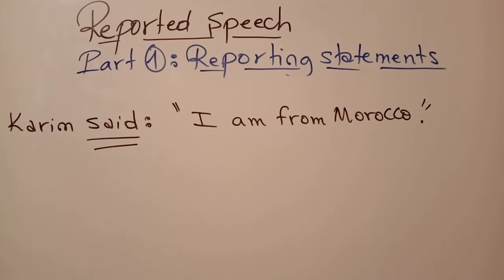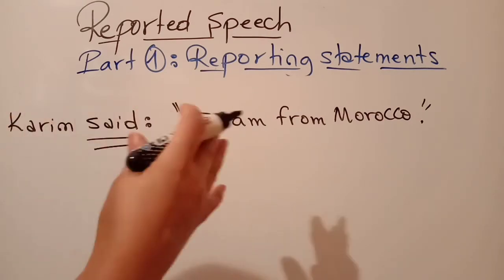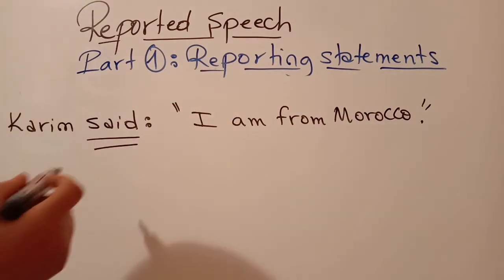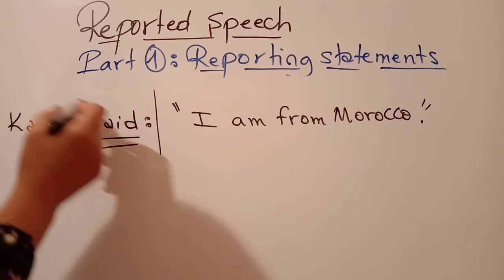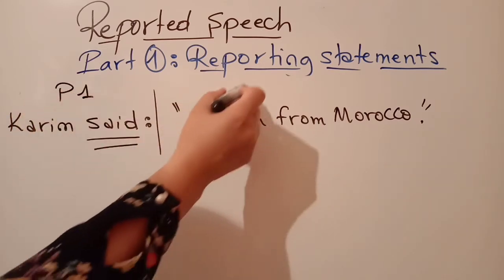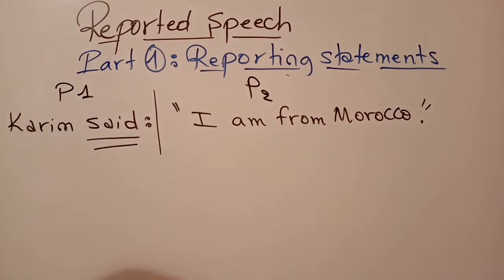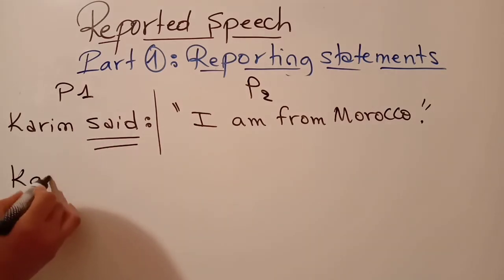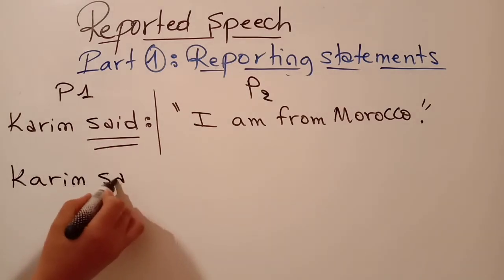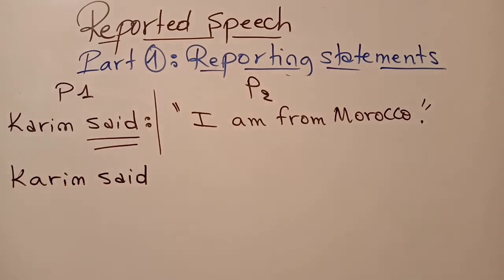Okay, so to ease the task for you, let's divide this sentence into two parts. So we have part 1, and the speech is part 2. Part 1 does not change. Karim said.